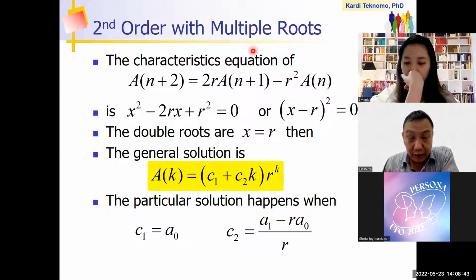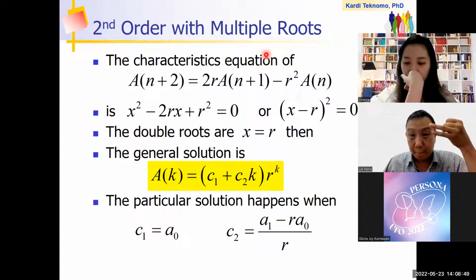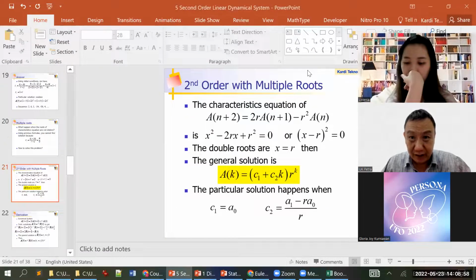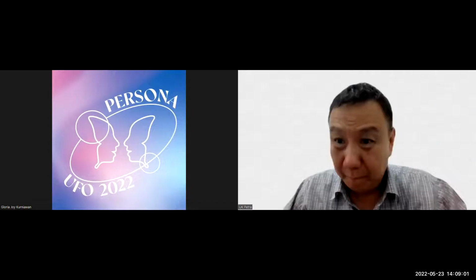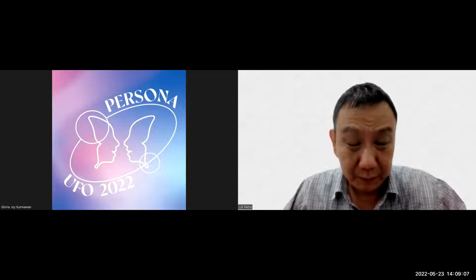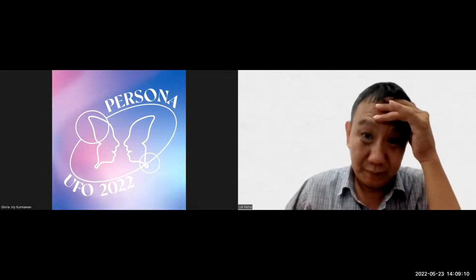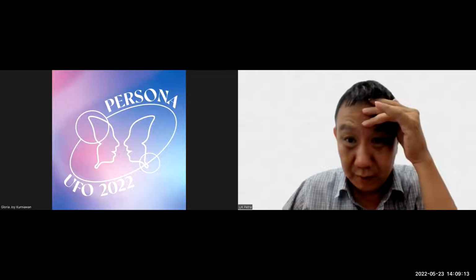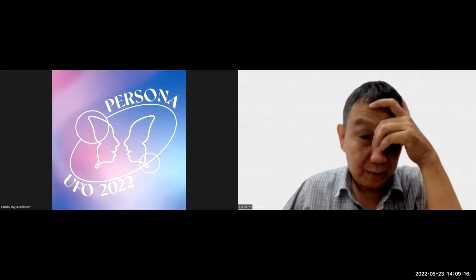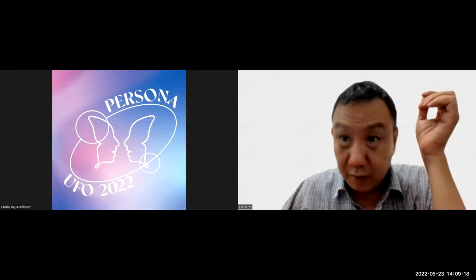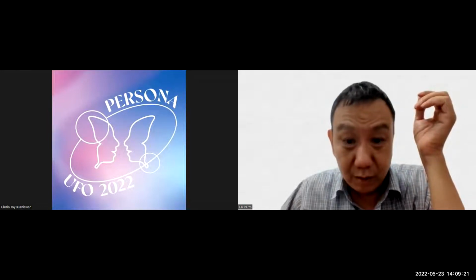So can you get it or not? Multiple root, distinct root. Can you distinguish? Do you understand the meaning of multiple root and distinct root? I think so, but I'm not quite sure.